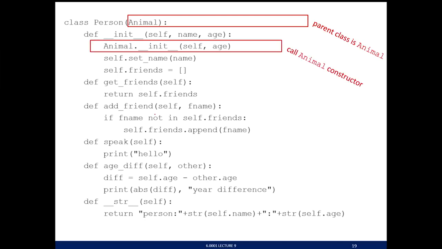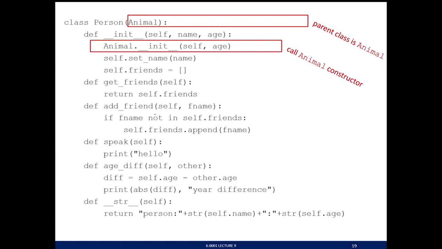The first thing the init method is doing is calling the animal's init method. Why am I doing that? Well, I could theoretically initialize the name and the age data attributes that animal initializes in this method. But I'm using the fact that I've already written code that initializes those two data attributes, so why not just use it?